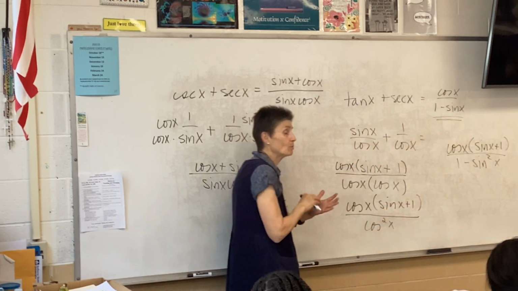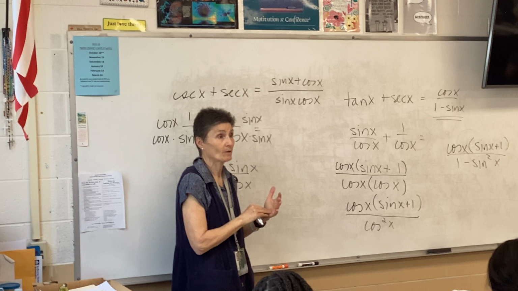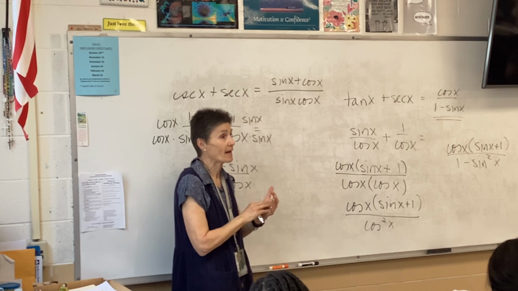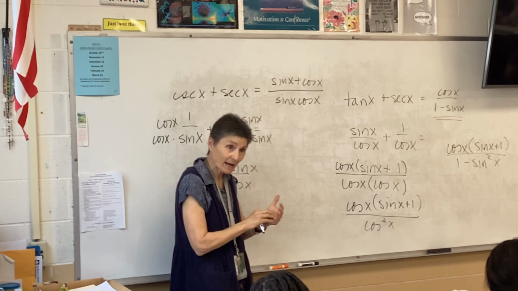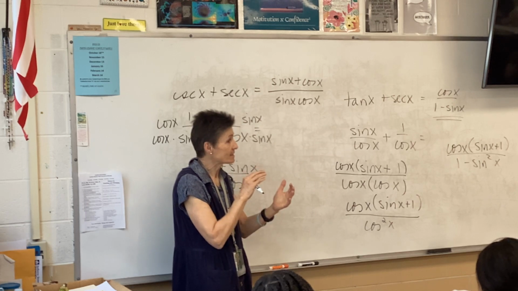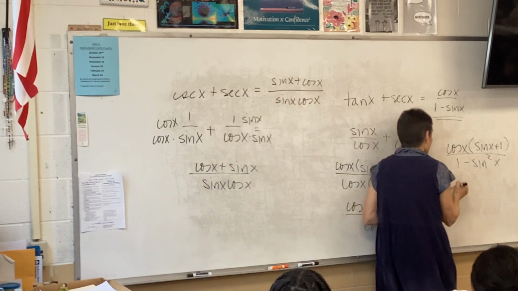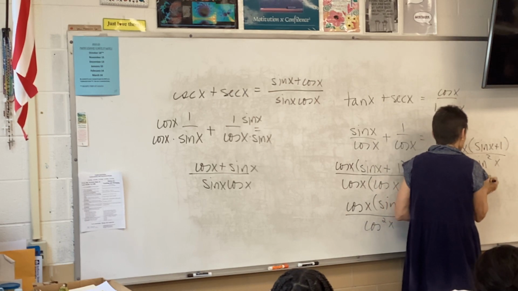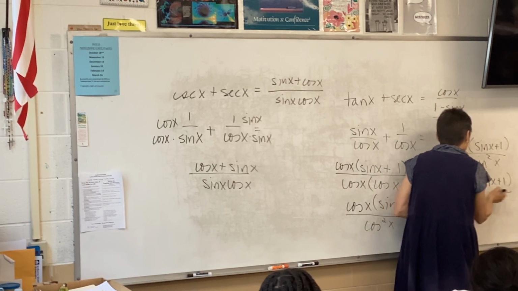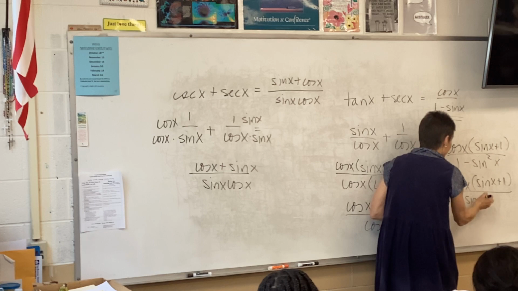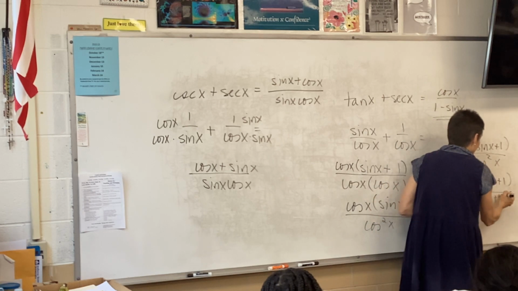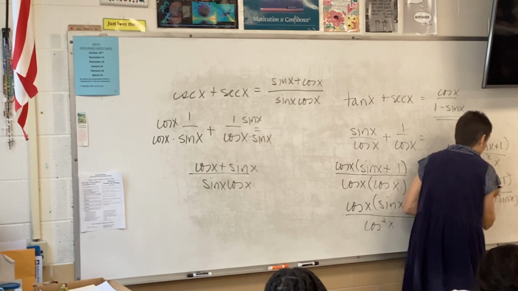And what about 1 minus sine squared? Over and over again, that can be factored. Yep. Because it's the difference of squares. So now I have my cosine, sine plus 1, over 1 minus sine, 1 plus sine.